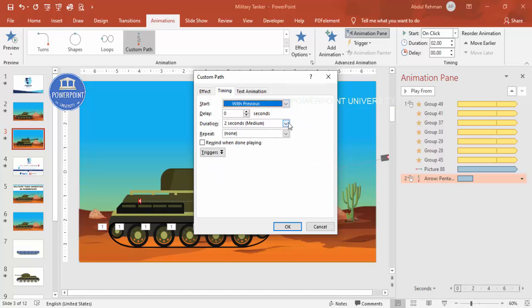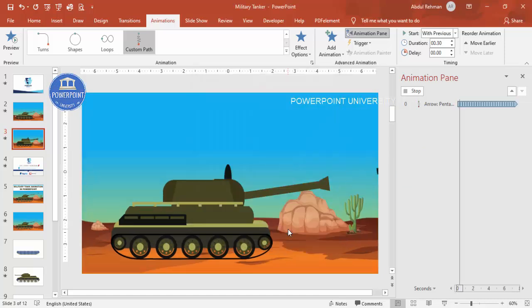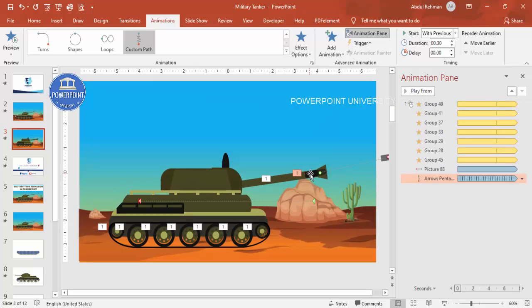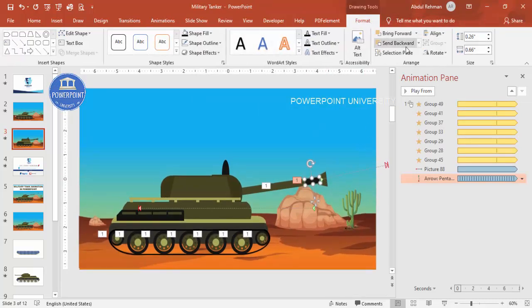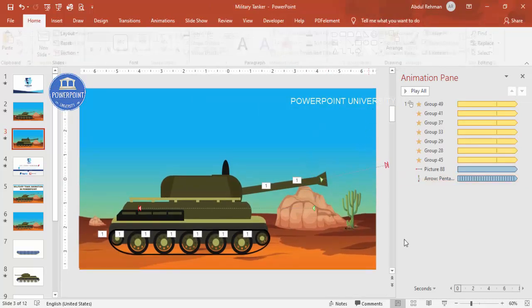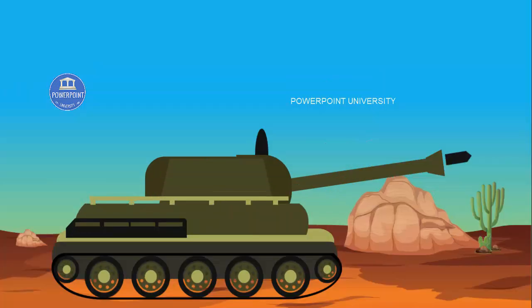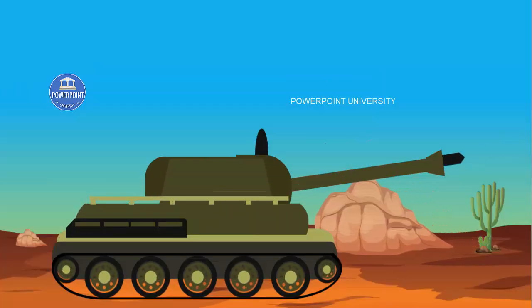The duration should be extremely fast, maybe 0.3 seconds, repeat until end of the slide and click OK. You can see it's going, and then select this one, send this to back. Now if I play, you can see it works something like this.